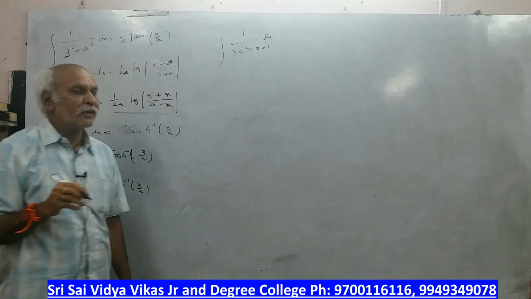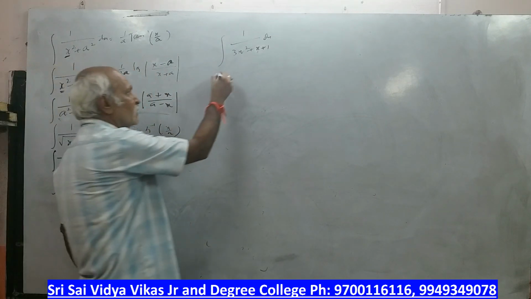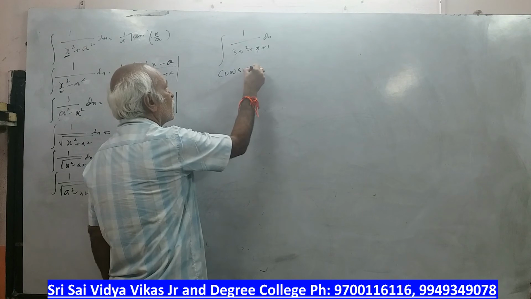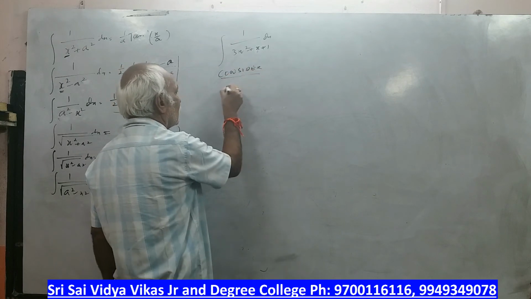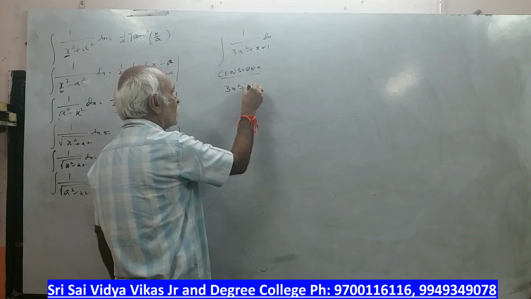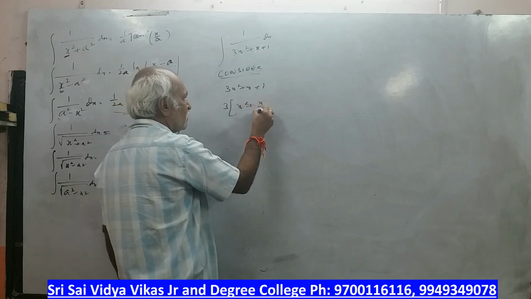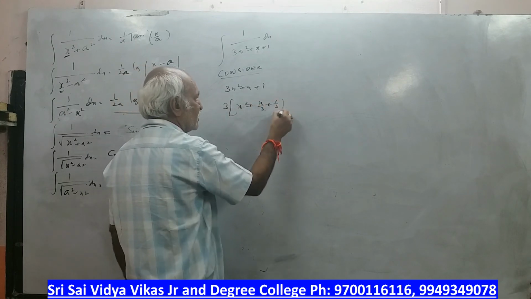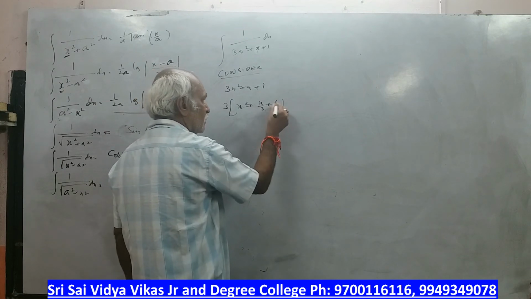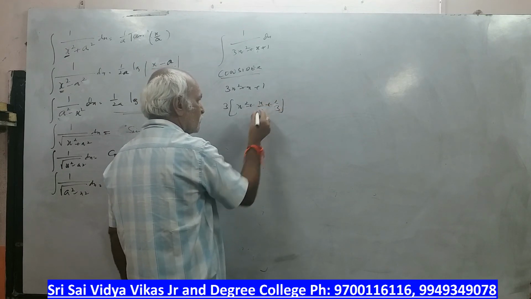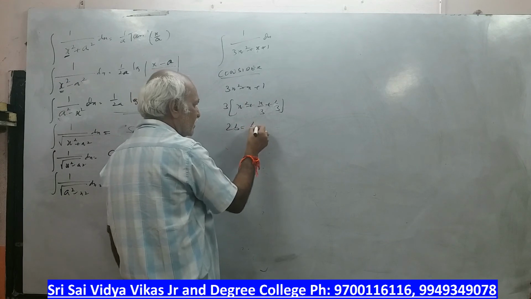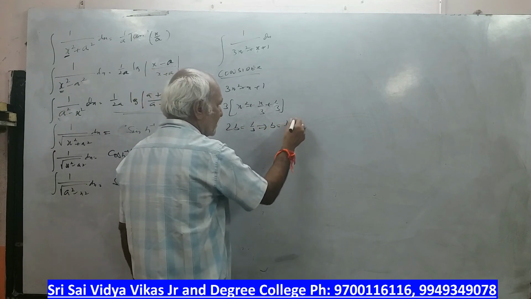1 by 3x square plus x plus 1. Again, plus 1, 3 common, x square plus x by 3 plus 1 by 3. So 2b is equal to 1 by 3, b is equal to 1 by 6.